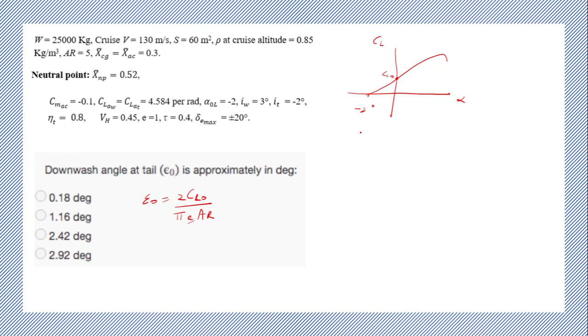How do you find out CL naught? It is just the slope into this 2 degrees, right? CL naught is slope, so it's minus 2, just the value, so it will be 2 into 4.584, but it is in per radian. So this is in degrees. You have to convert the degrees to radians.